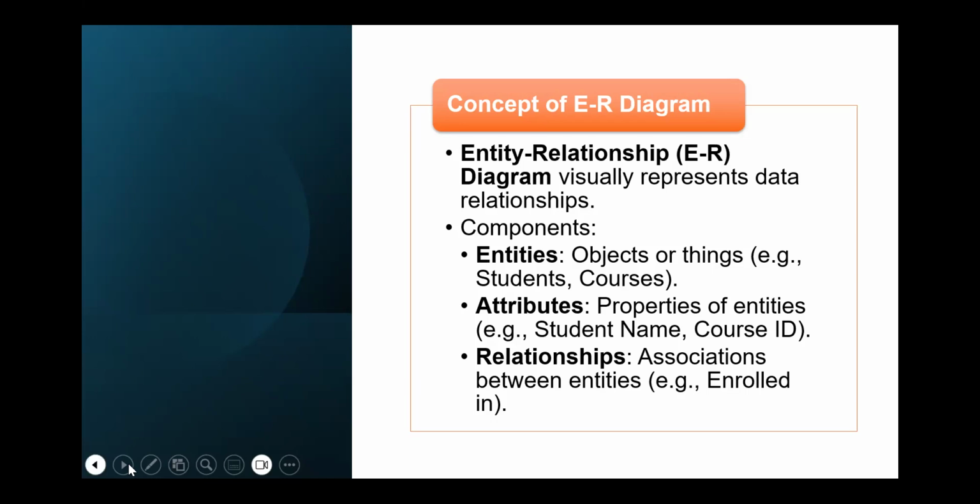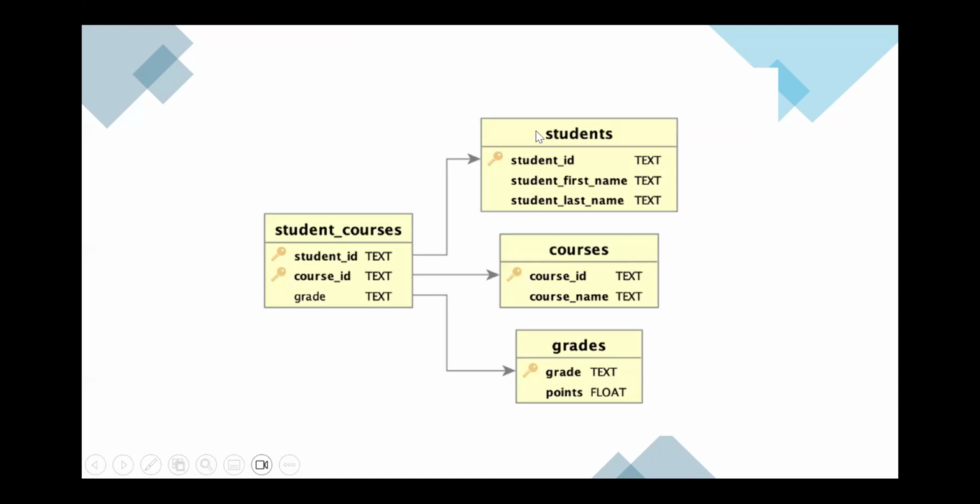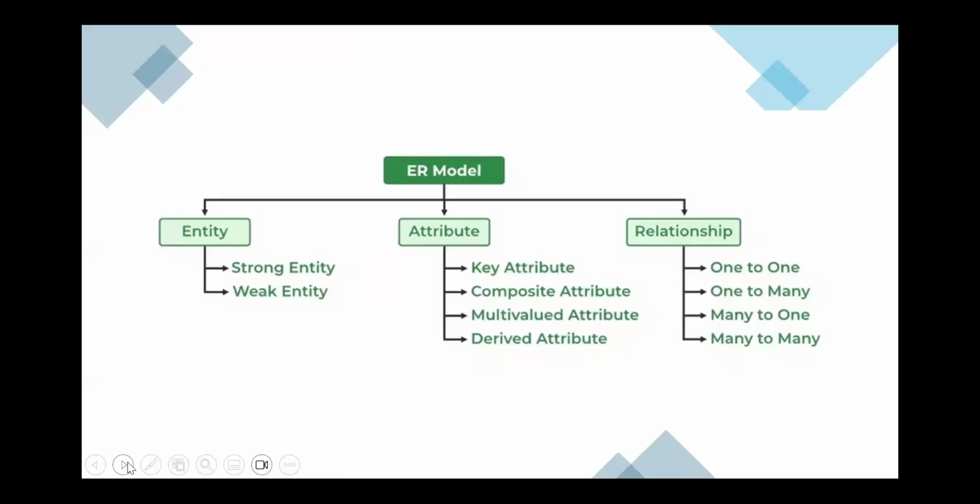Okay, so here you go. Here you can see there are students, which have attributes called student first name, student last name, and course, which has an attribute called course ID, course name, etc. Right? So you have this type of matrix that you build so that you can actually understand the flow of the data.